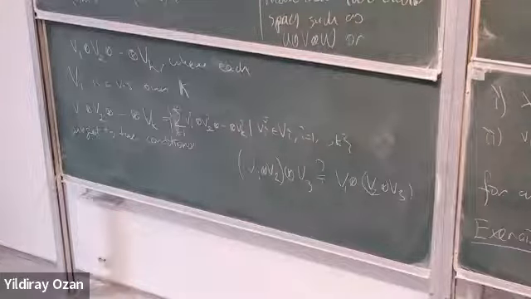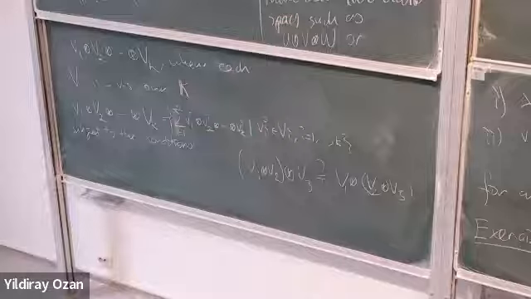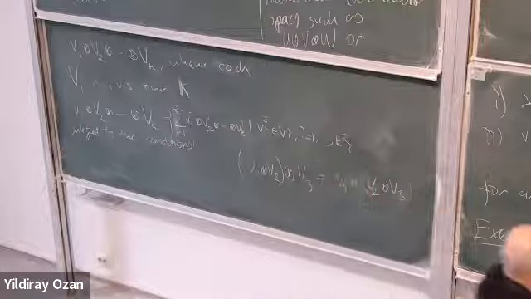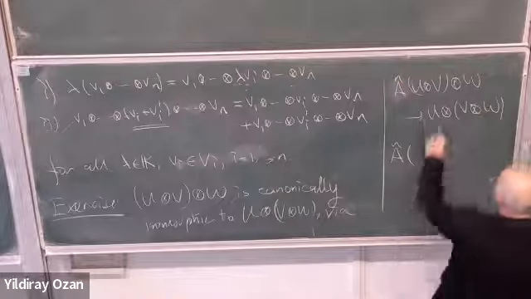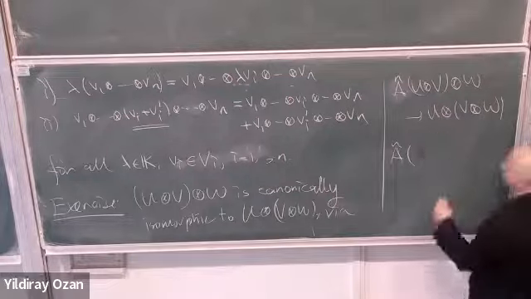For the two-factor case, what were the elements of the tensor product? When we consider the tensor product of this, a typical element is v1 times w1, plus v2 times w2. So not just a single term, but finite sums of this. So here we should also have finite sums of these. But to define this map, I can just define it on the generators.